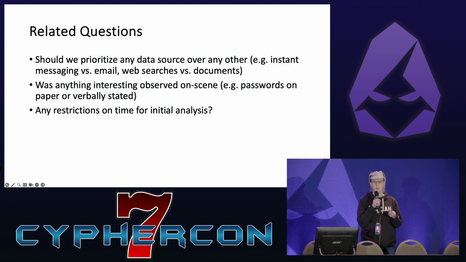Is there something in particular? So what we have seen in this scenario is they want communications. That's the priority in this case. But it may be in some cases that folks need other things, email, web searches, who knows? So that's something to keep in mind as part of this stage.